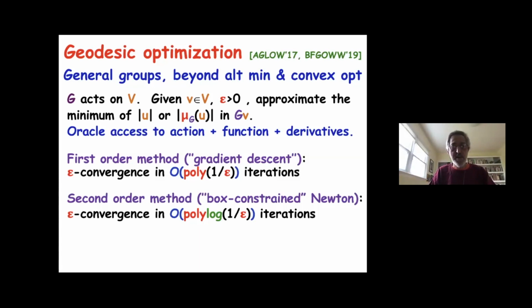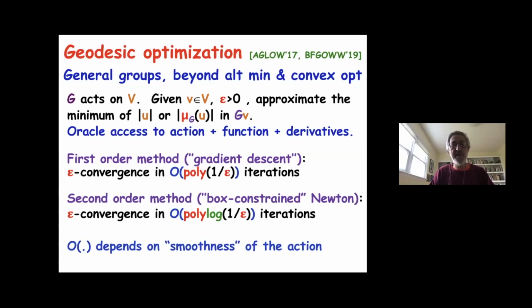But at any rate, like all second-order methods in the Euclidean case, it converges much faster, exponentially faster, in polylog in epsilon operations.